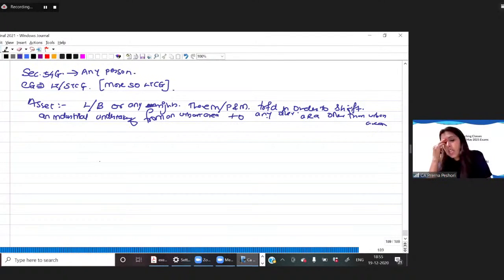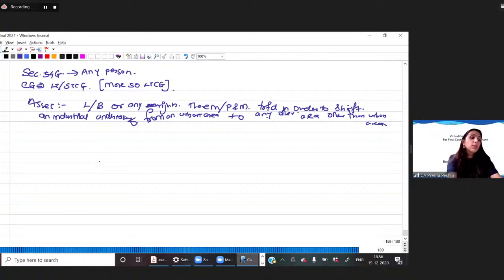So basically it says shifting of land or building or plant and machinery from urban area to rural area. And for that purpose, you have transferred, right?